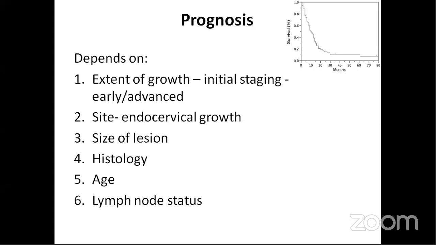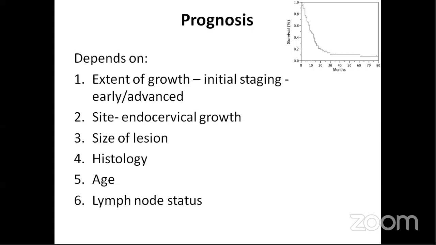And histopathologically, we discussed, we have poorly differentiated and moderately differentiated types of cells seen within the tumorous growth. If it is poorly differentiated cells, definitely the prognosis is poor. And age wise, if it is seen in the younger age group, then the prognosis is said to be poor.